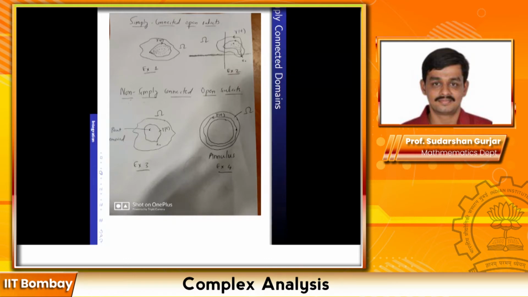Gamma is the curve in the concentric region which goes around once, like what I have drawn. Okay, sir. So you can see that the interior of gamma is not contained inside omega, right? All the region inside the first circle is interior to gamma, but it is not contained inside omega.